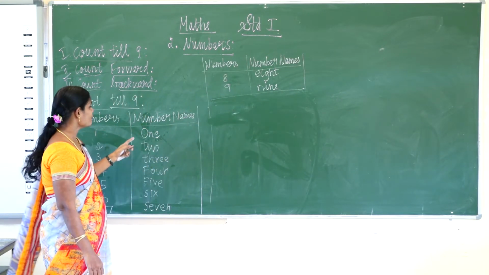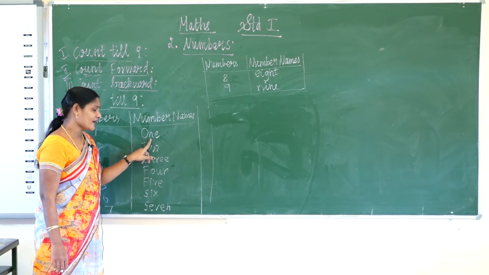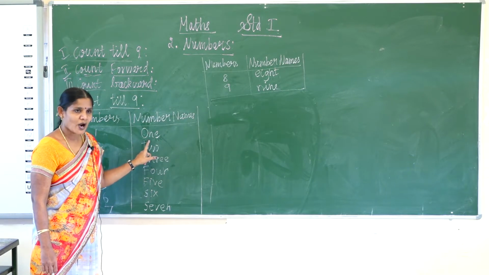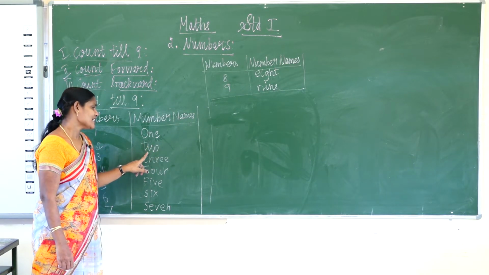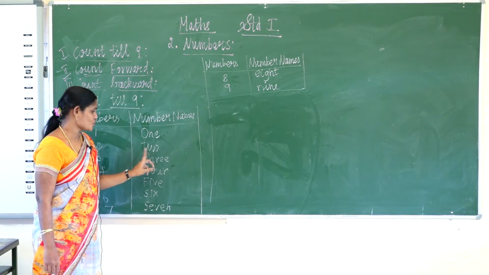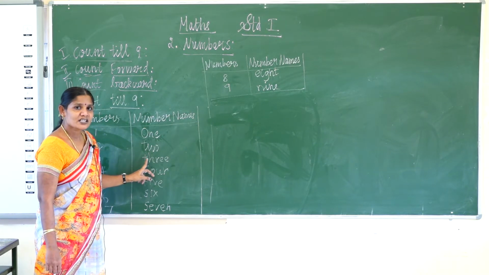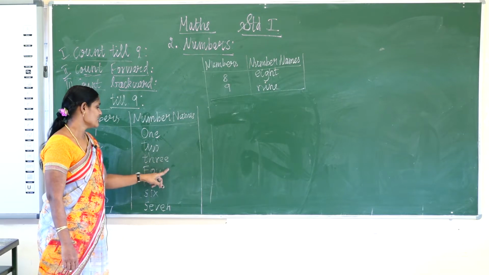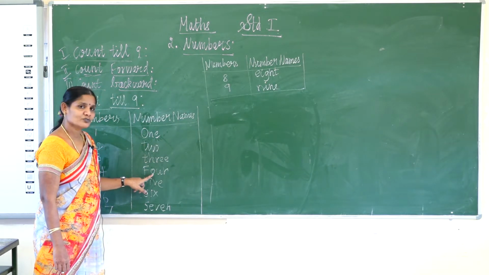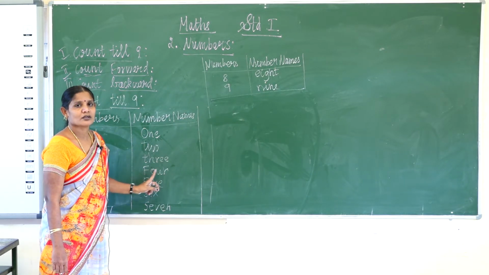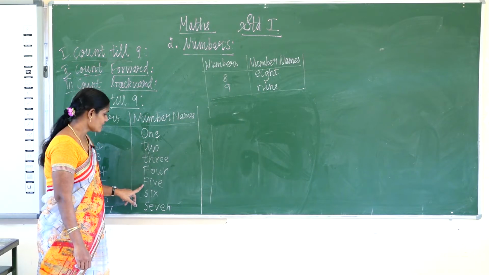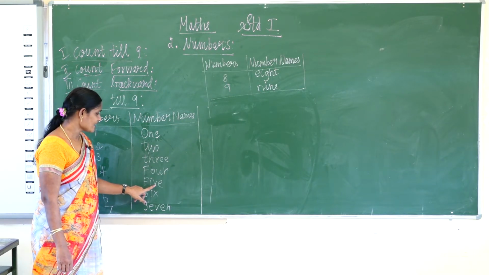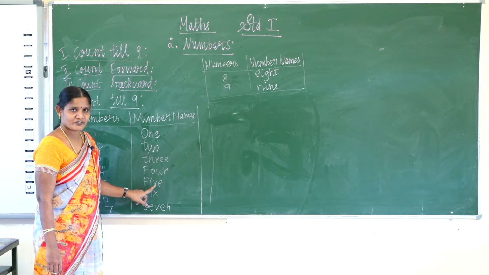So what is the spelling for 1? O-N-E, 1. Then 2, T-W-O, 2. Then 3, T-H-R-E-E, 3. Then 4, F-O-U-R, 4. Then 5, F-I-V-E, 5.